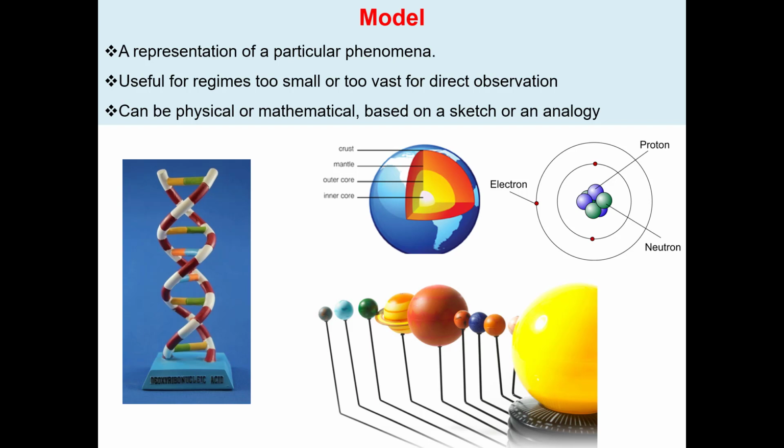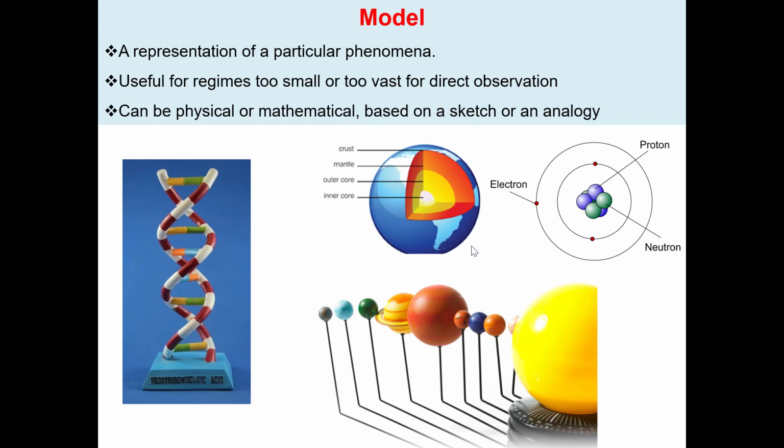Then we use a model to understand that kind of phenomena better. For example, if we see this model, we know this represents DNA. This is a really small structure, but if we have the model, then we can understand the structure easily, even if we cannot see it.